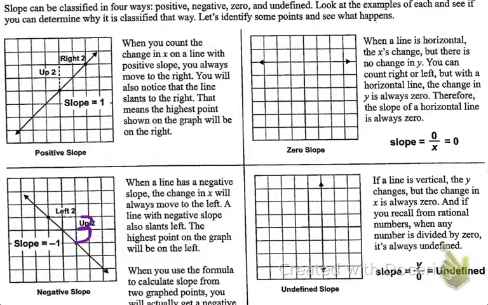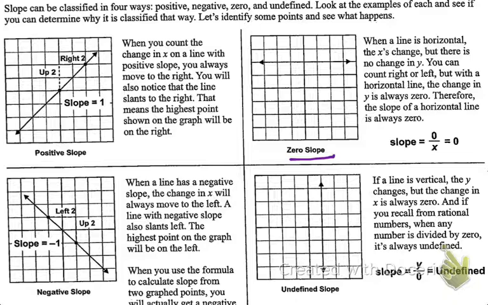Up 2, left 2. Rise 2 and run will actually be negative 2. That simplifies to negative 1.